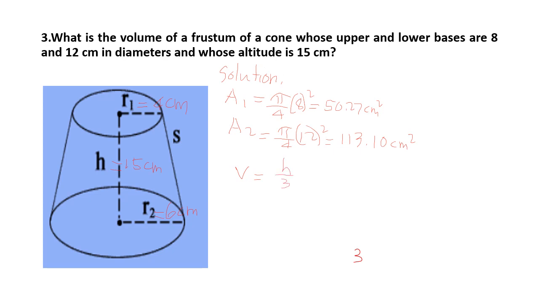So volume equals h all over 3 times A1 plus A2 plus square root of A1 A2, so equivalent to 15 all over 3 times 50.27 plus 113.10 plus square root of 50.27 times 113.10.